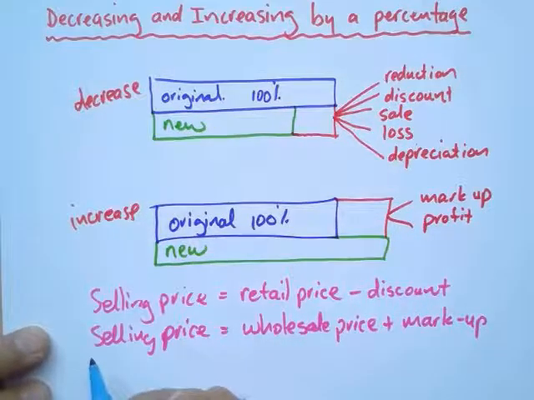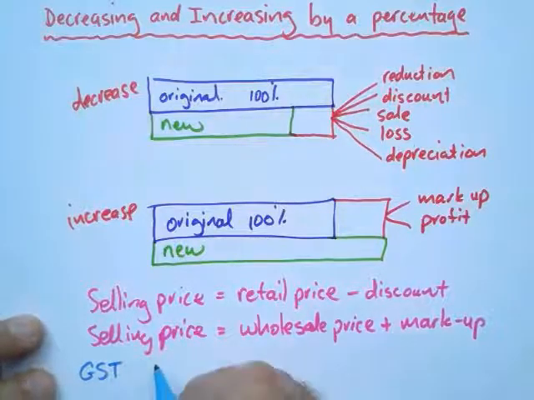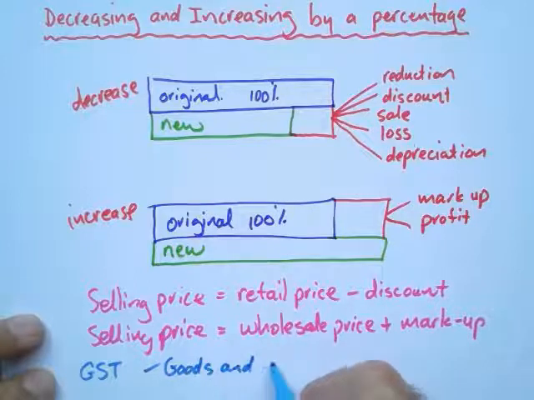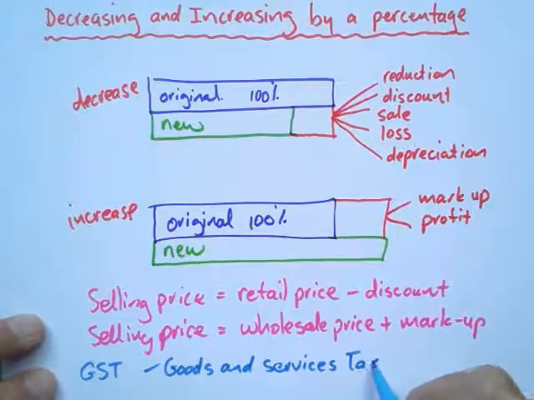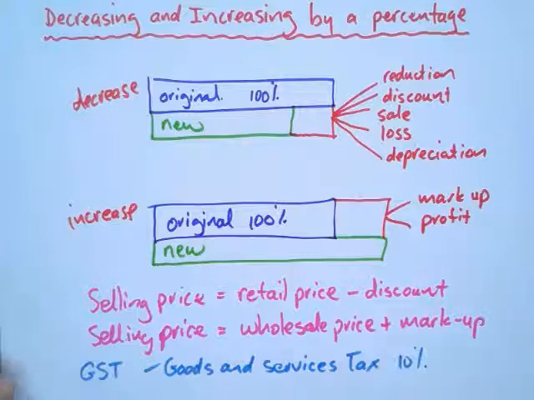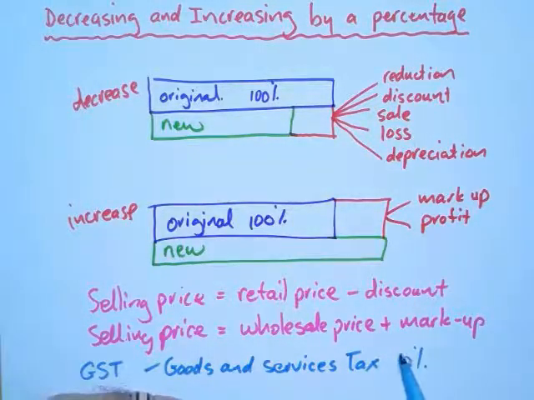The last thing that you might hear of is GST, which stands for Goods and Services Tax. In Australia, that is 10%. And what it means is that is money that you pay extra, which the shop does not receive, but they actually give it to the government.